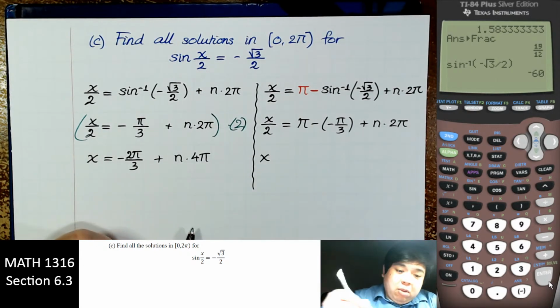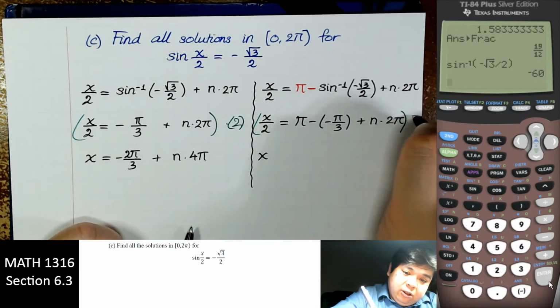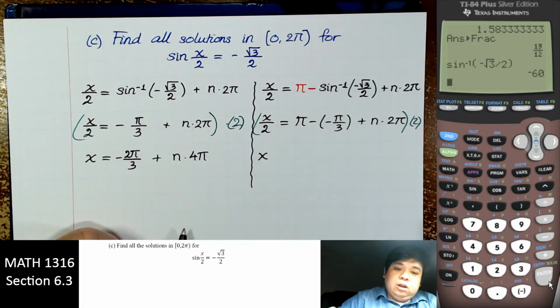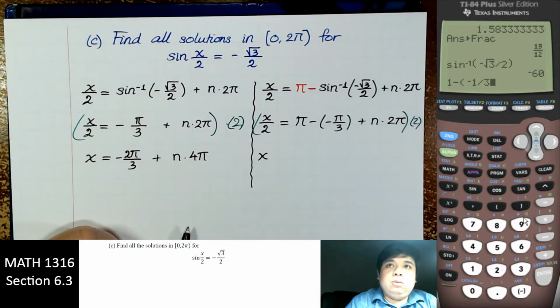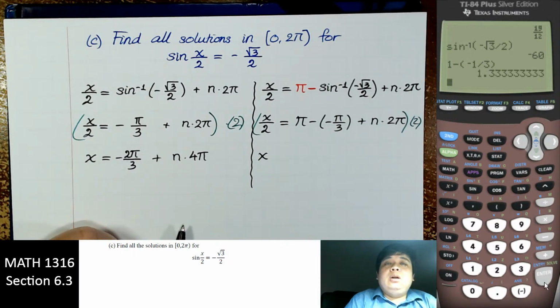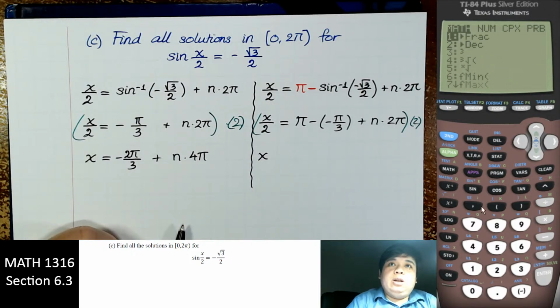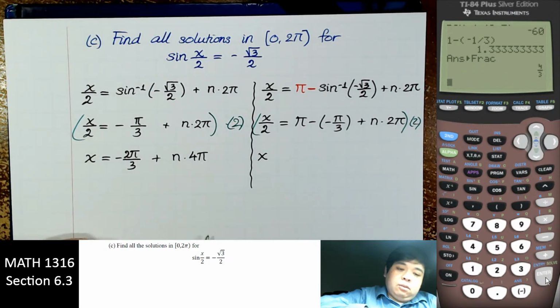And then here we multiply by 2 as well. And that pi minus pi over 3, and that is 4 over 3, and then times 2.